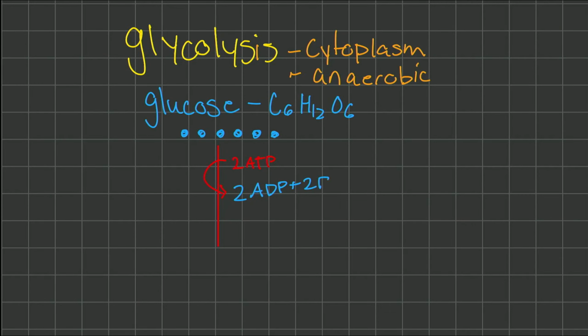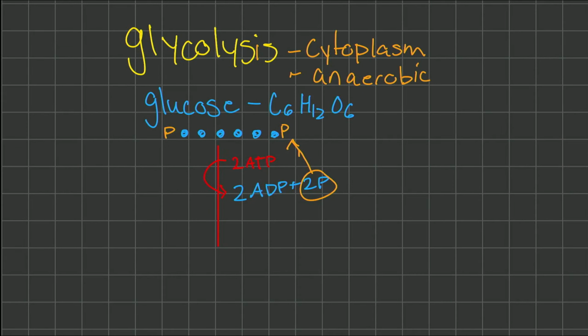And these 2 phosphate groups are going to attach on the ends of our glucose molecule, and effectively it's going to make it high energy and unstable.